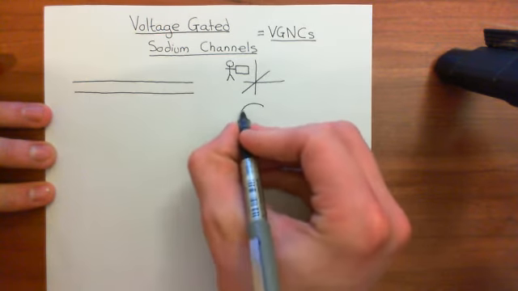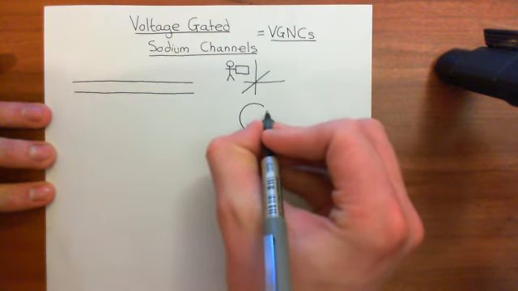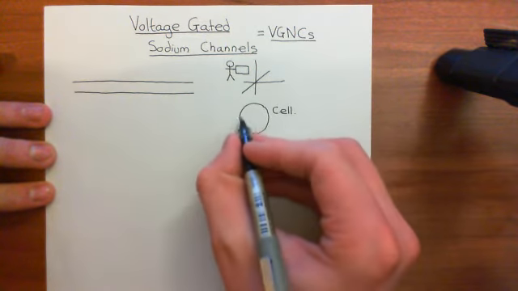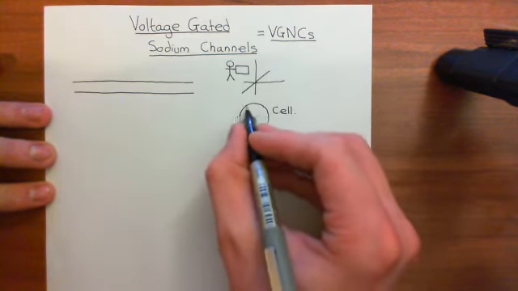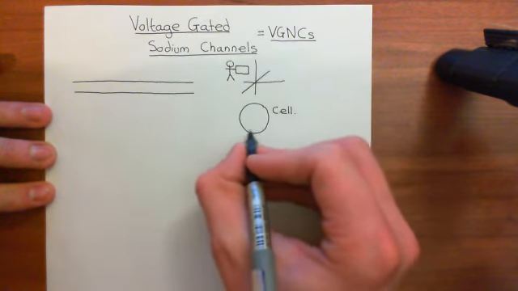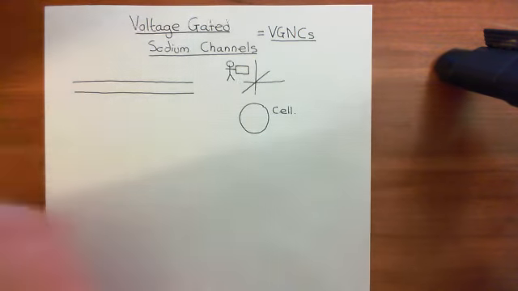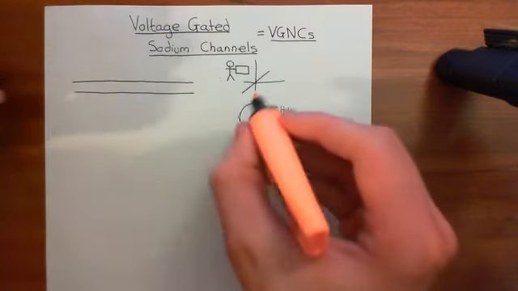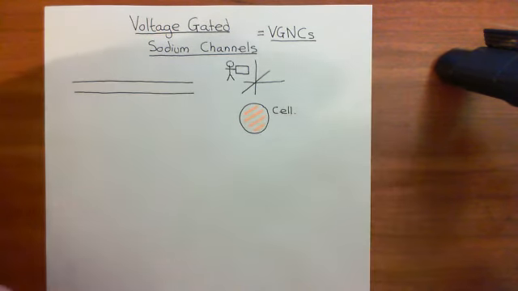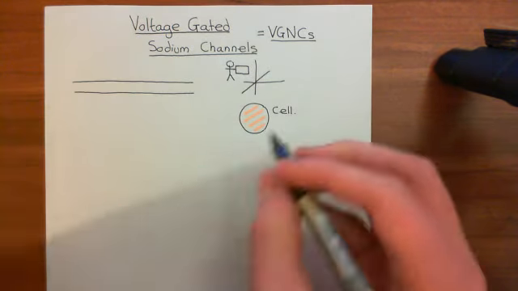Now, if we take a cell, so back to biology, here we have a cell. All the points within the cell, all of the cytoplasmic points, will be in electrical equilibrium with one another, and therefore, to a decent enough approximation, they all have the same electrical potential.